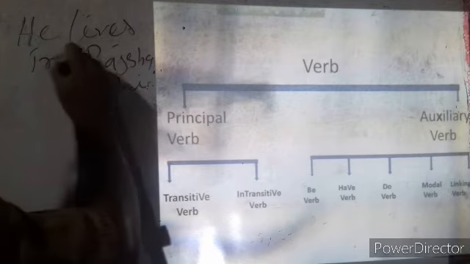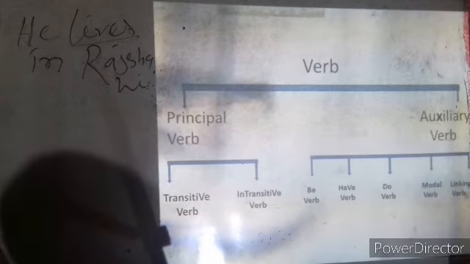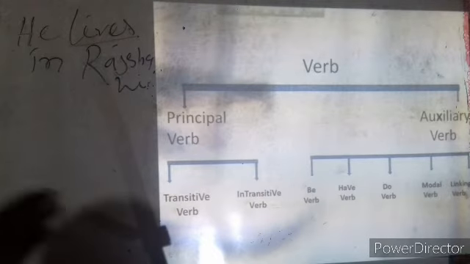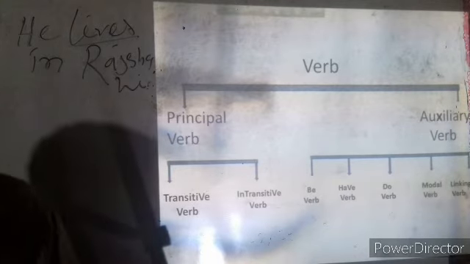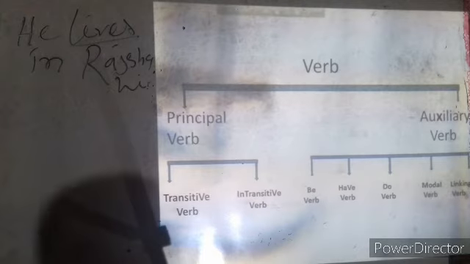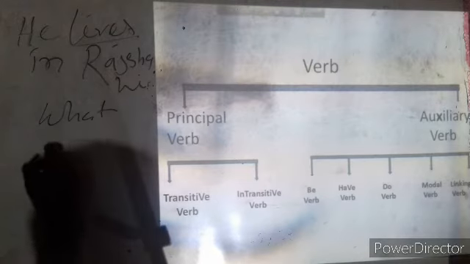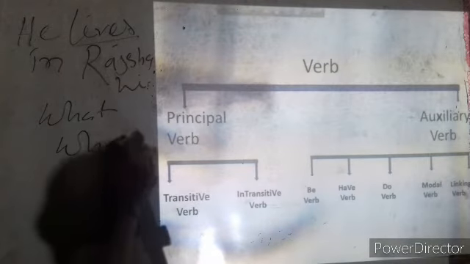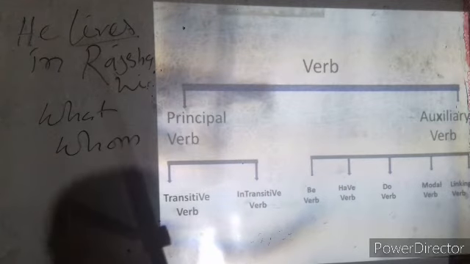So lives is principal verb, and is there any kind of object? There is no object. And are we able to ask the verb with what or whom? Please try to ask the verb what or whom.